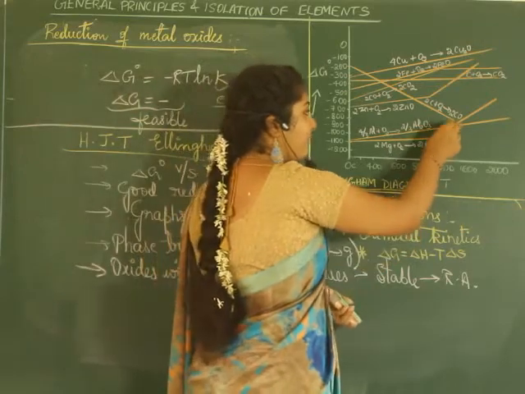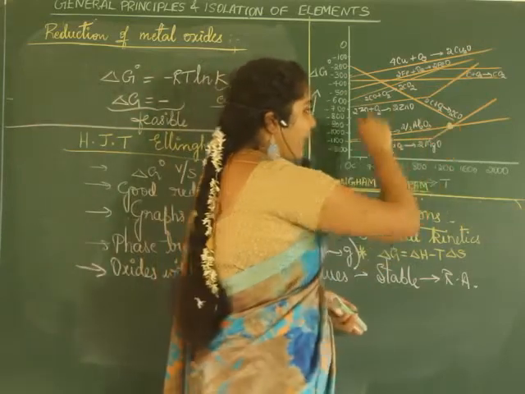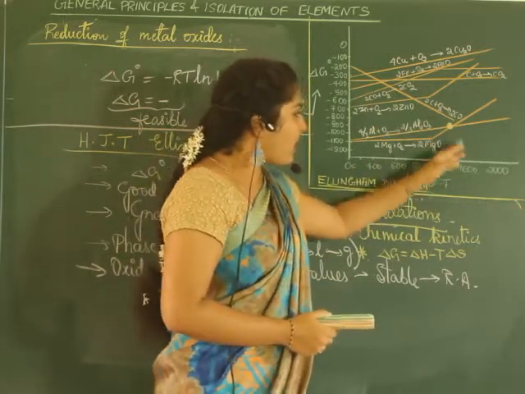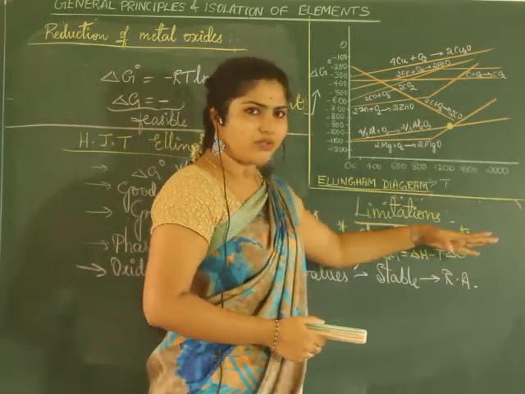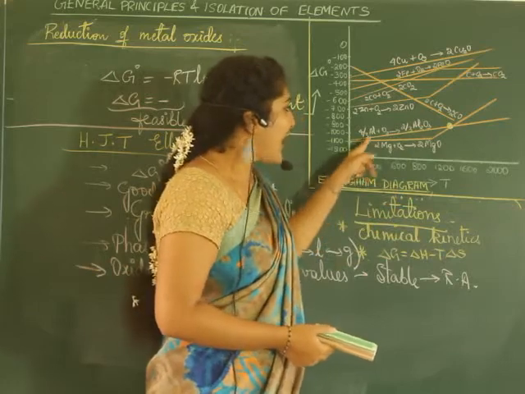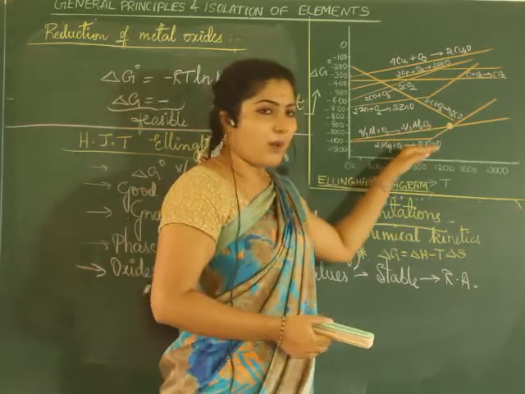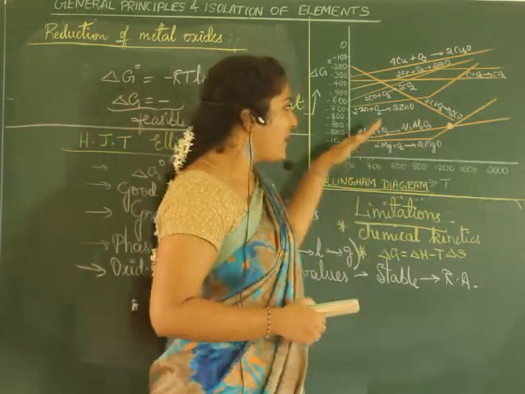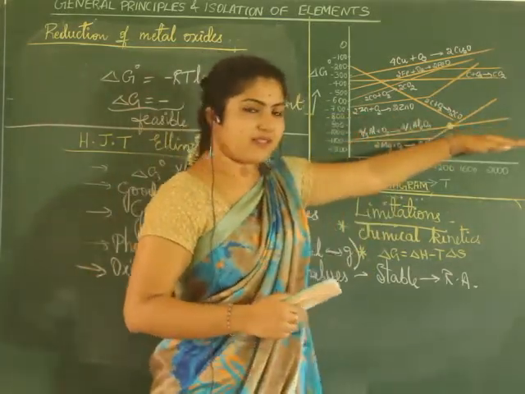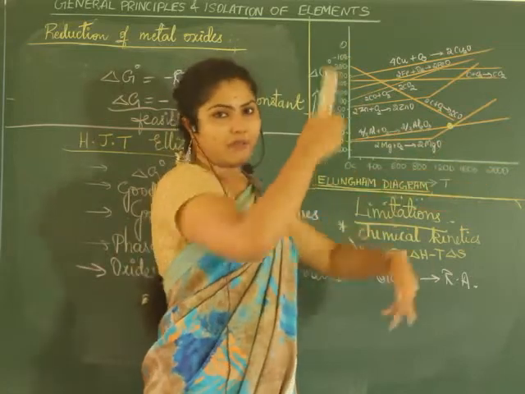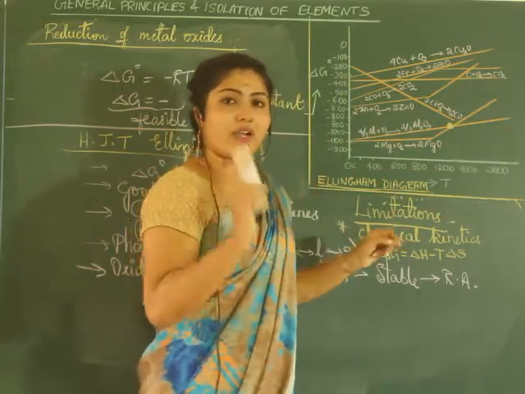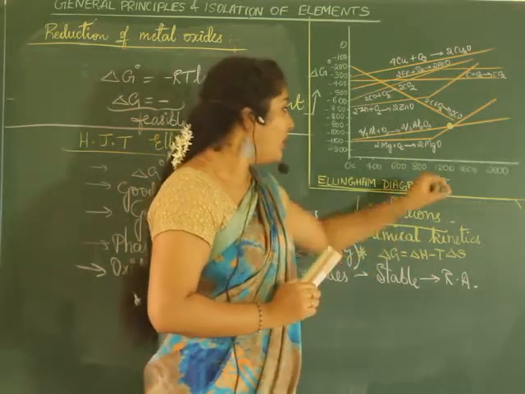And one more thing here. See, I have shown a point of intersection here. At about 1200 Kelvin, the aluminium oxide curve and the magnesium oxide curve intersect. That means they bypass each other. Temperature conditions are also very important to know.